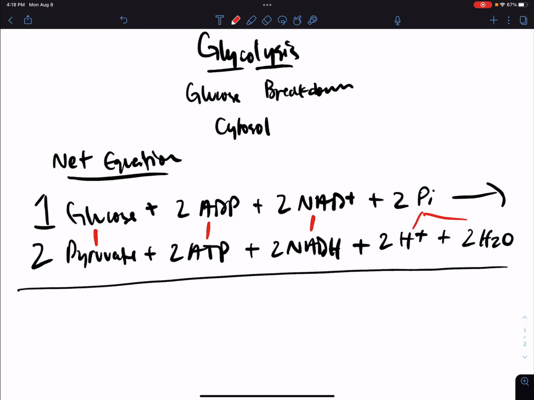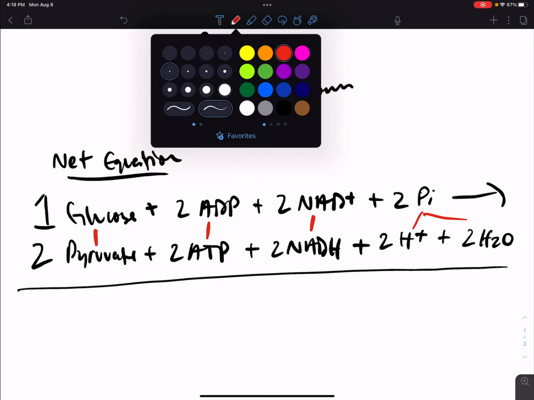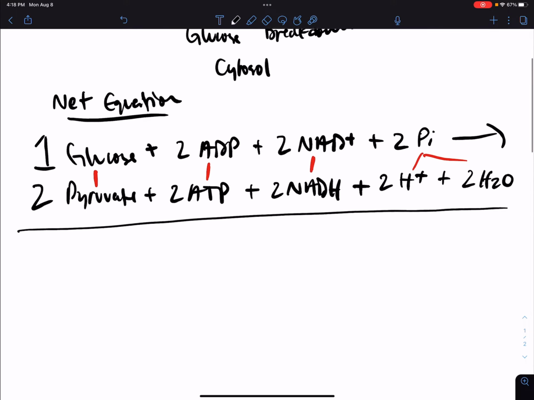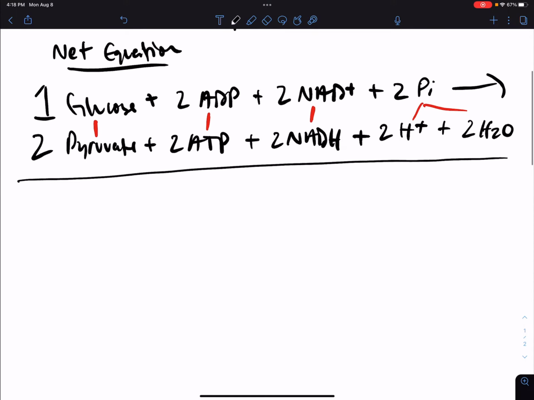But that's one of the ways I do the bookkeeping in my head to keep track of the net equation, and check whether I got everything in that equation that I need. Some professors will have you just write the net equation out and give you points based on that. Others will give you part of the equation and ask you to fill in the rest. So this is a good way to keep it clear in your head, understand where everything is, and be able to recall it.